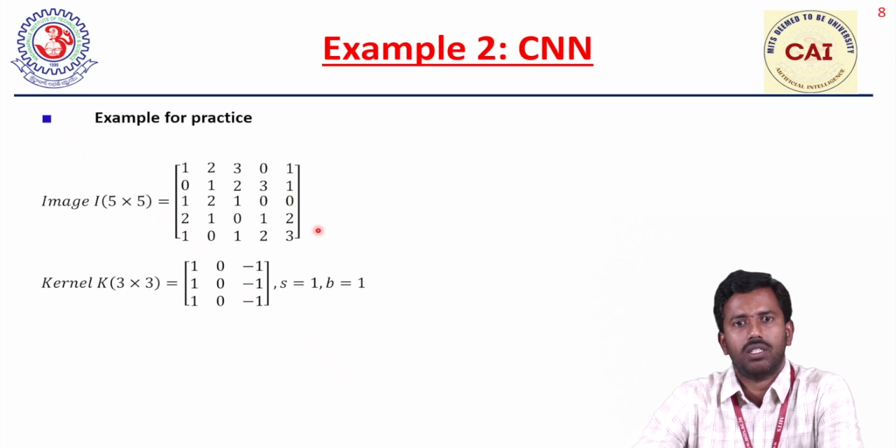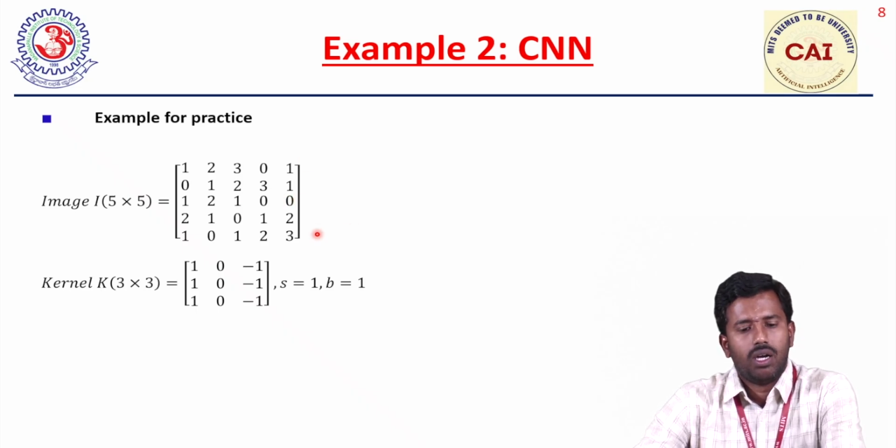Likewise, you move the window with a stride value of only one and calculate by applying the same procedure we discussed, up to the loss.